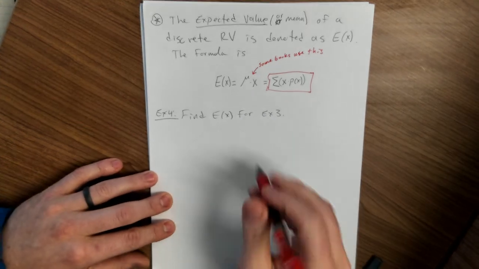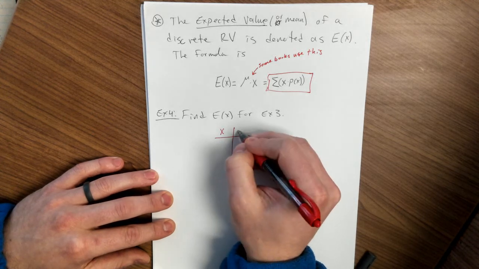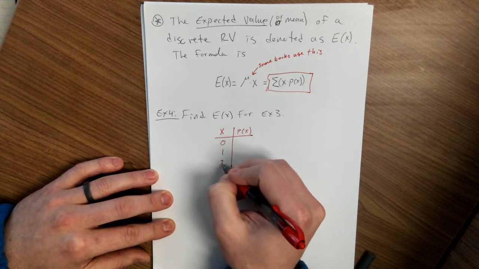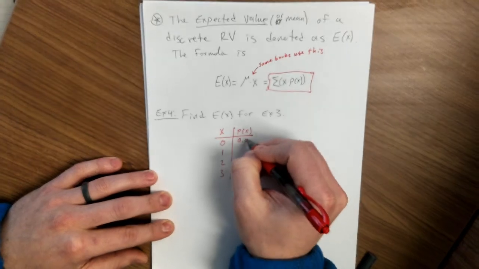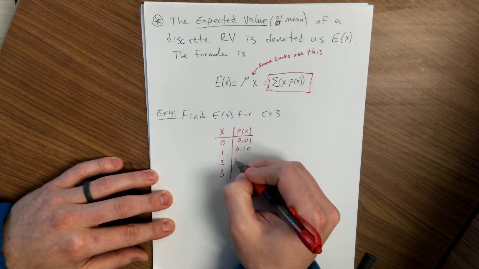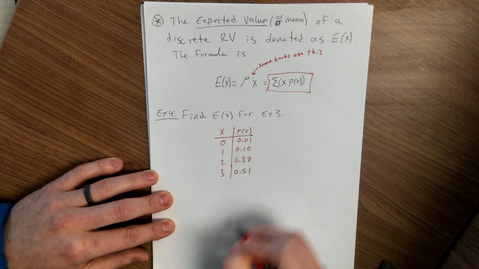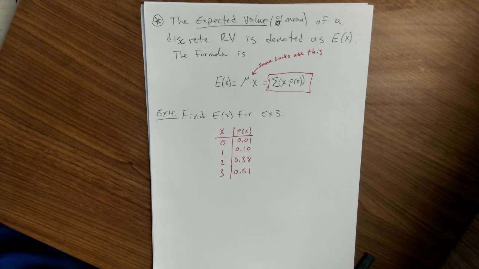So let's write our probability distribution again. X, P of x, our x values were 0, 1, 2, and 3. I'm just going to write them and not talk. Alright, so there are those.